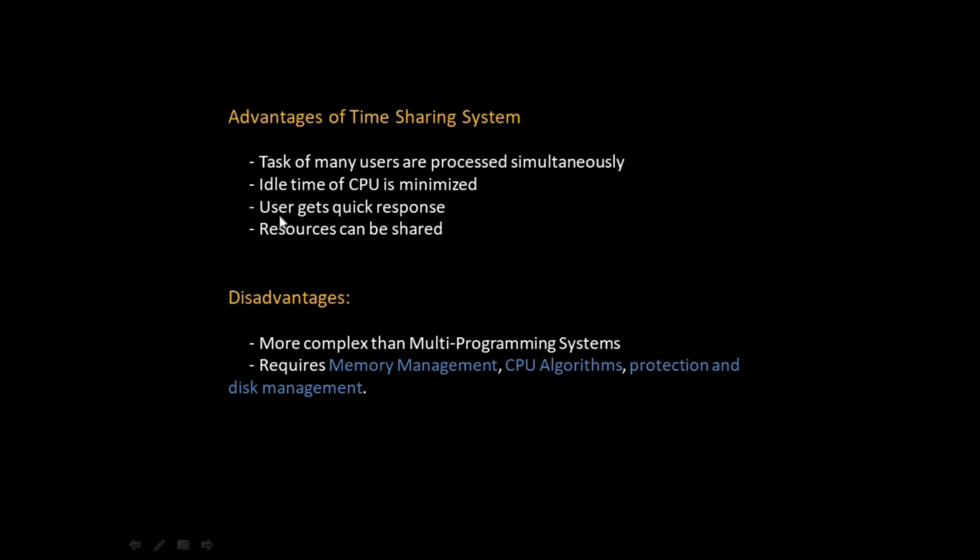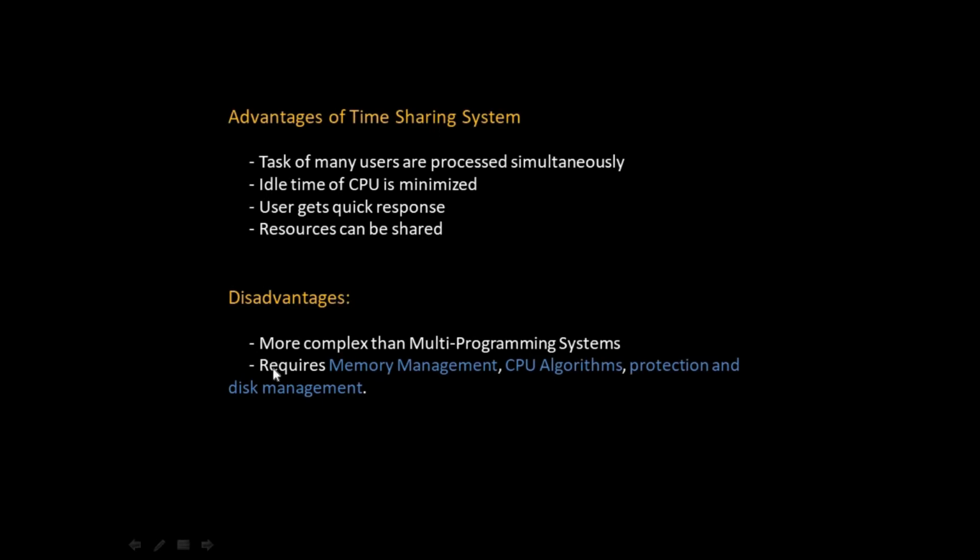Another advantage is that the user gets quick response. The next advantage is resources can be shared. In the time sharing system, the CPU is being shared among many users, so obviously here resources can be shared. In as much as the time sharing system has these great advantages, it also has some disadvantages.